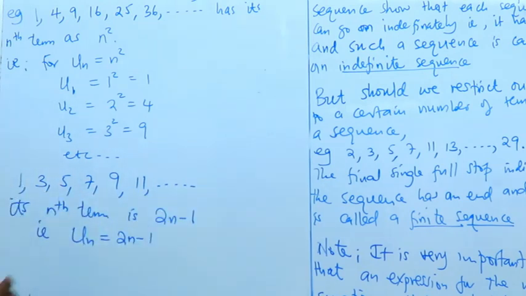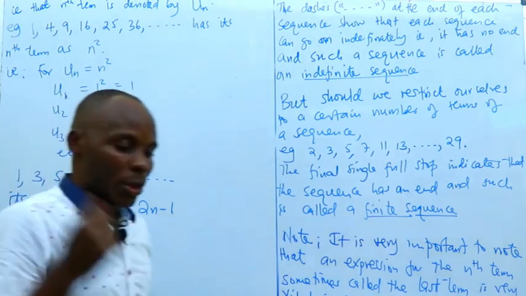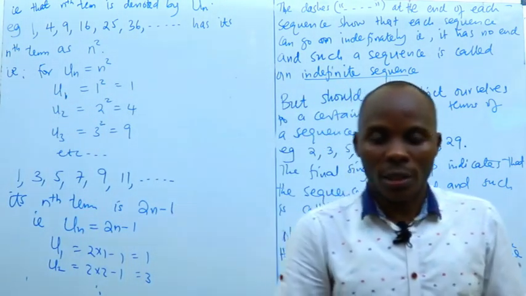For instance, U_1, that is the first term, is going to be 2 times 1 minus 1, which will give you 1. U_2 will be 2 times 2 minus 1, which will give you 3, and so on. So we are going to pick it up from there in our next lesson.